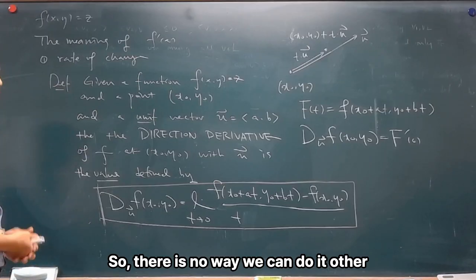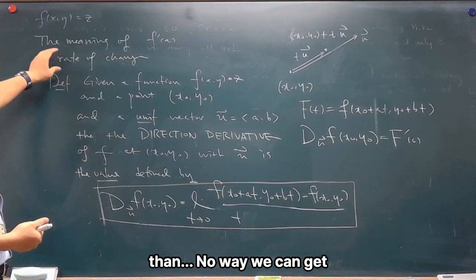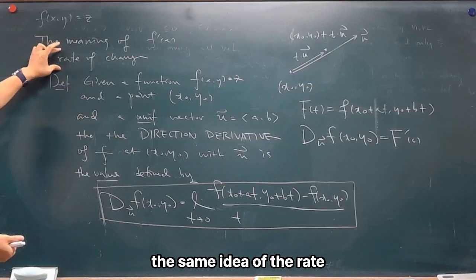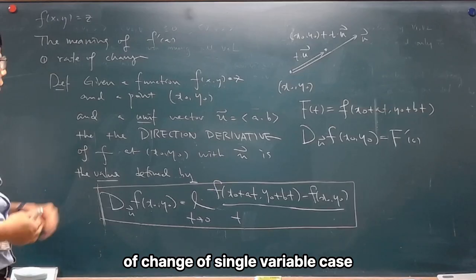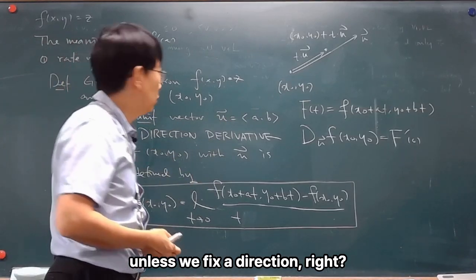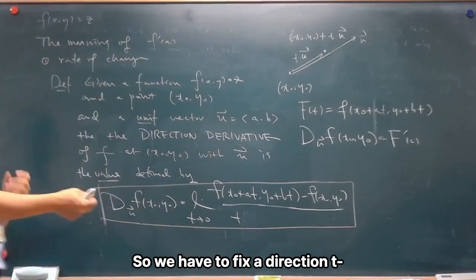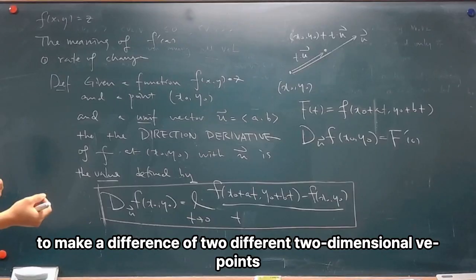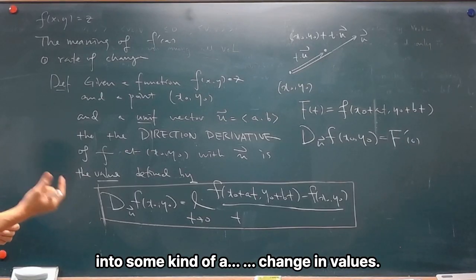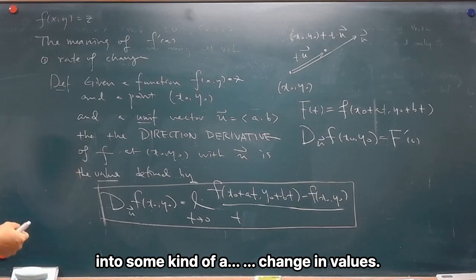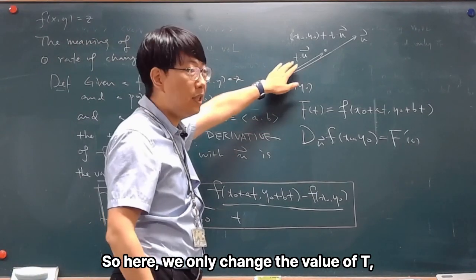So how do we reconcile this difference between the single variable and two variable cases? There's no way we can get the same idea of the rate of change of the single variable case unless we fix a direction, right? So we have to fix the direction to make a difference of two different two-dimensional points into some kind of change in values. So here we only change the value of t, which is the parameter.